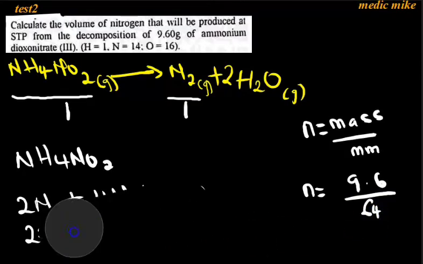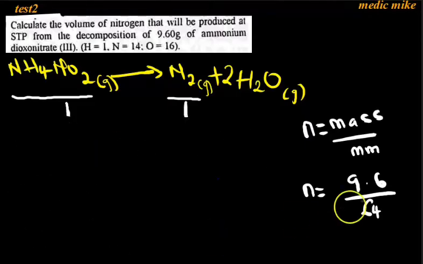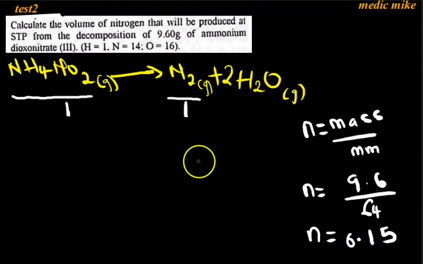So I'm just going to wipe this off. So when we punch this, mole is equal to 9.6 divided by 64. We'll be having mole equal to 0.15. Now remember, the question is asking us to look for the volume of nitrogen, not the volume of ammonium dinitrate.